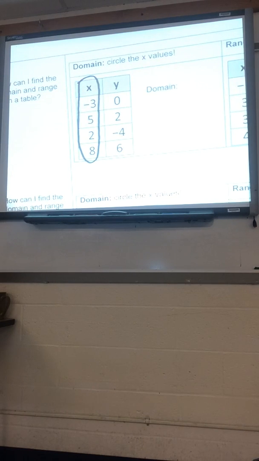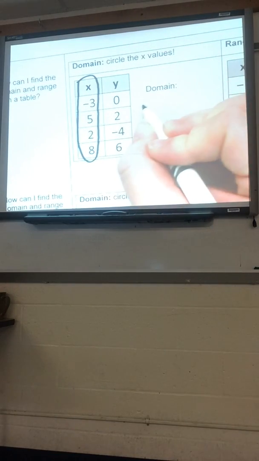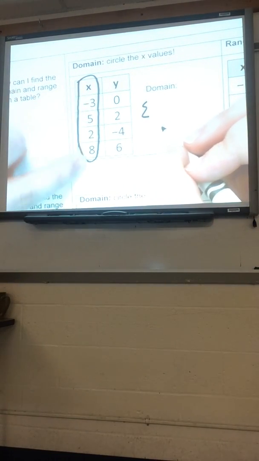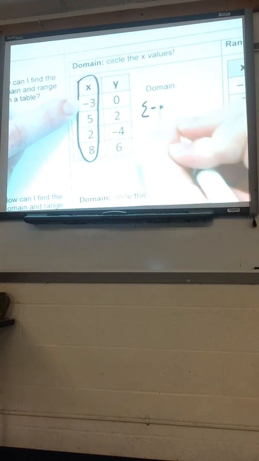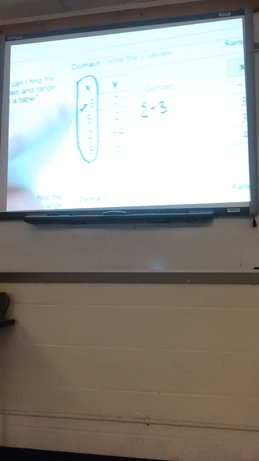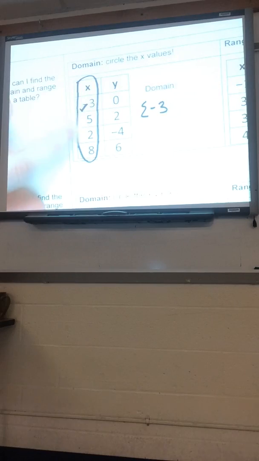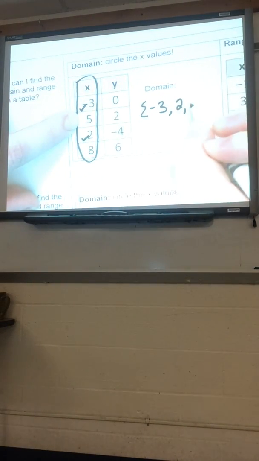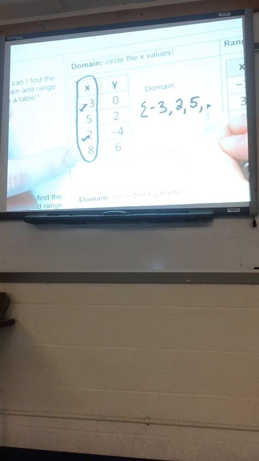The y values maybe not, but x values are. With this example, we just didn't get lucky. But when we go to write this domain, the smallest number we have here is -3. That one's in. Then 2. Then 5. Then 8.